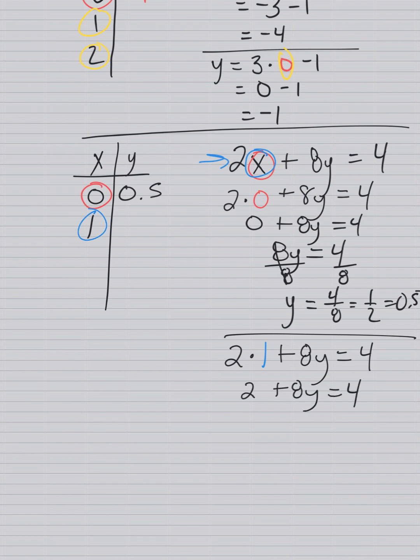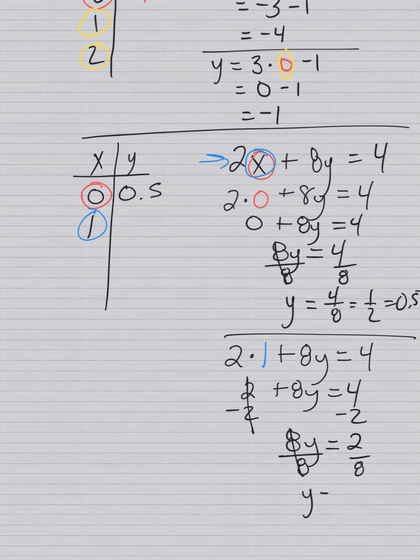Now I've got to do solving a two-step problem. I've got to move the 2 to the other side. So the opposite of a positive 2 is a negative 2. That makes 0. 2 minus 2 makes 0. Always check that makes 0. So I'm left with 8y is equal to 4 minus 2 is 2. And then just like we did before, this is multiplying by 8, so we have to divide by 8.